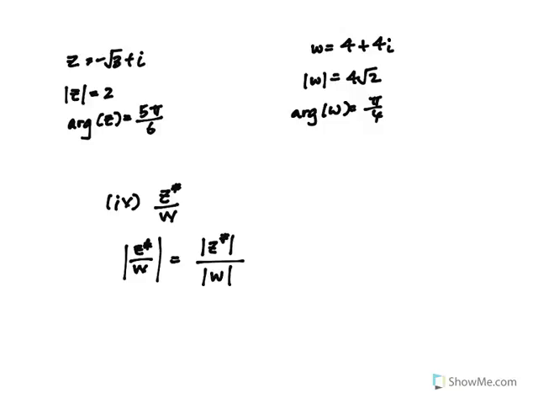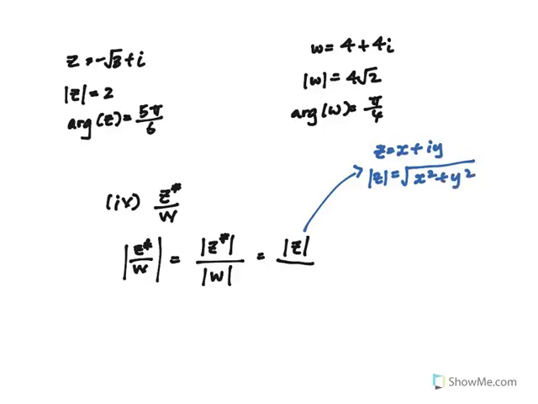And what is the modulus of z conjugate? Remember we talked about this before, it's the same as the modulus of z itself. A quick proof: if z is equal to x plus iy, the modulus of z is the square root of x squared plus y squared.